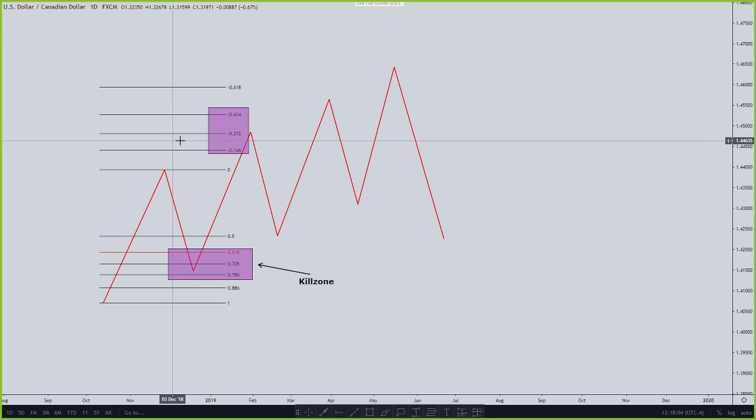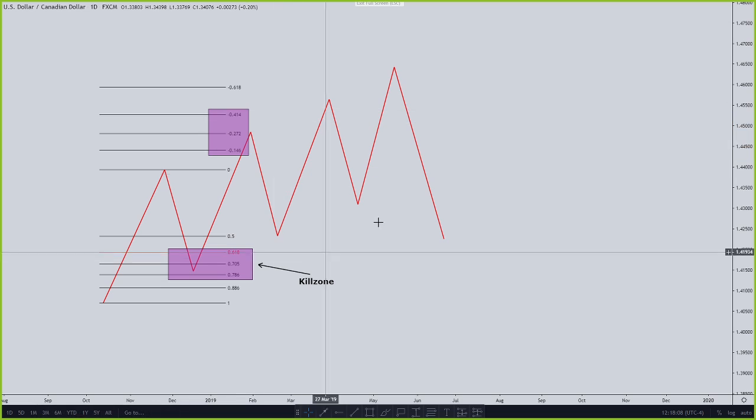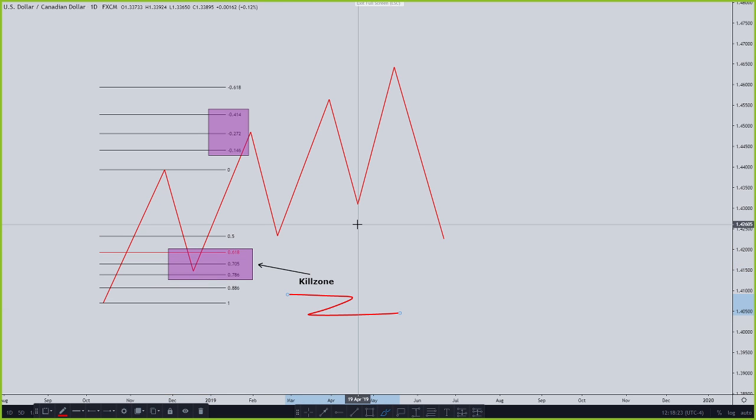Okay, and so the levels up here, right? If we're trading with the trend, so we've seen this expansion, we've seen the retracement. This is where we are looking to enter our buy from. Somewhere within the kill zone, that's where we're looking to enter our buy.